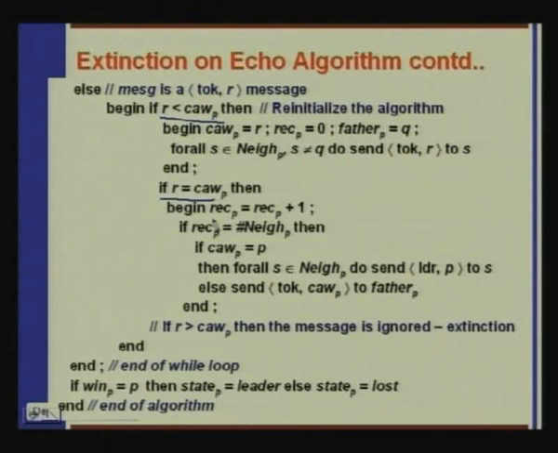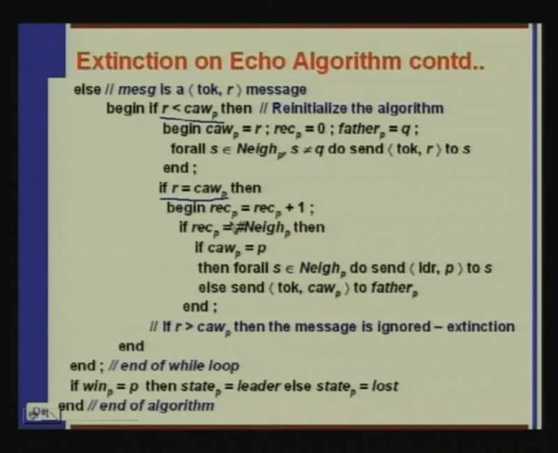So, then you see this is not the first time that it is receiving this message of this current wave. So, its parent in the current wave is already defined, because this is not the first message that it is receiving in the currently active wave.